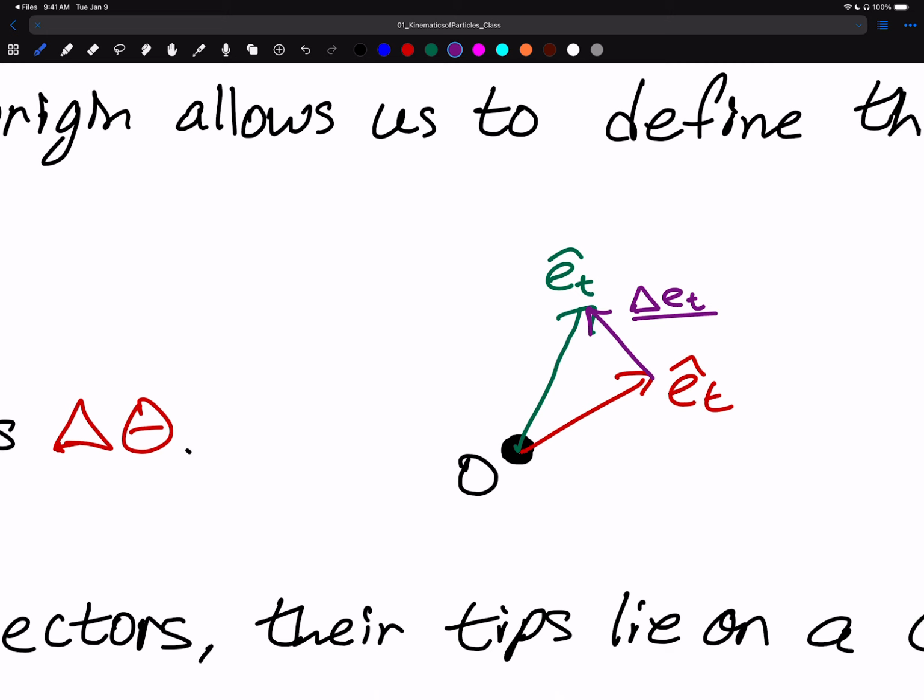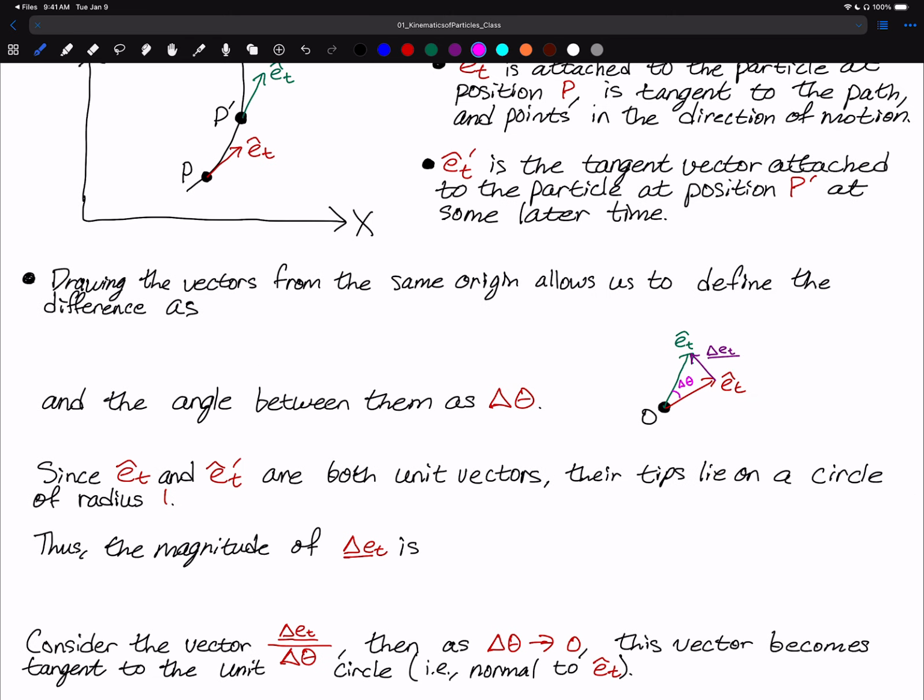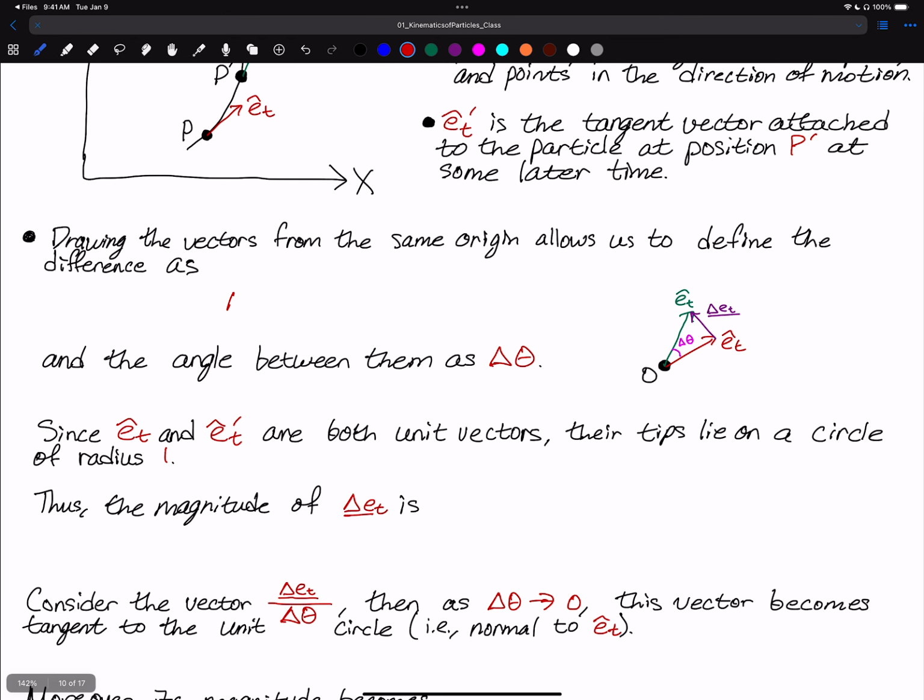It is just a regular vector, and there's some angle in here that we're going to call delta theta. We can define this difference as delta E T, a vector, equal to E hat T prime minus E hat T. The angle between them again is delta theta.